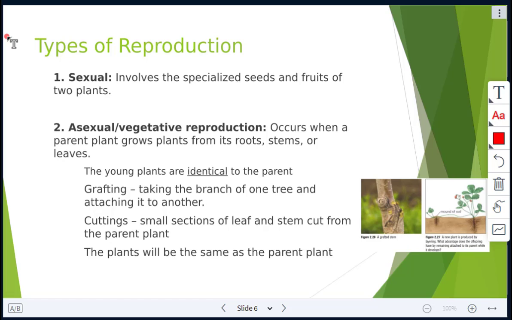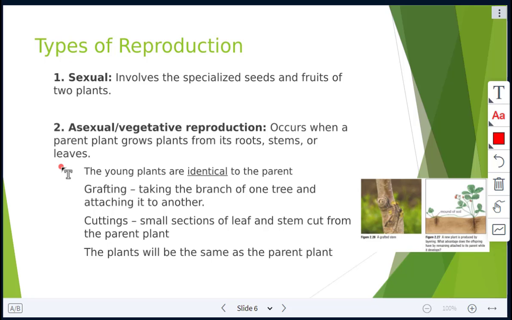When we look at asexual reproduction, this is also called vegetative reproduction, and this occurs when a parent plant grows plants from its roots, its stems, or from its leaves. When we have asexual reproduction, the young plants are going to be exactly identical to the parent. All right, so the DNA, the genetics will be exactly the same as the parent plant.